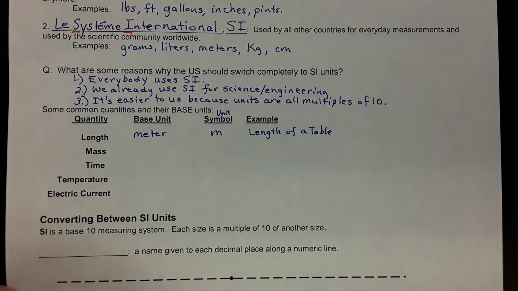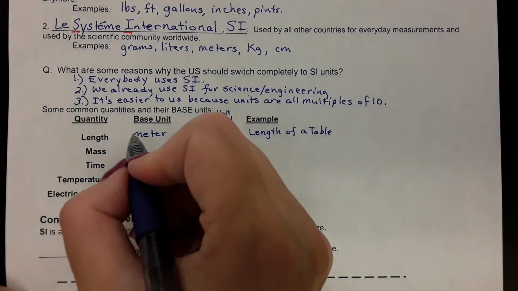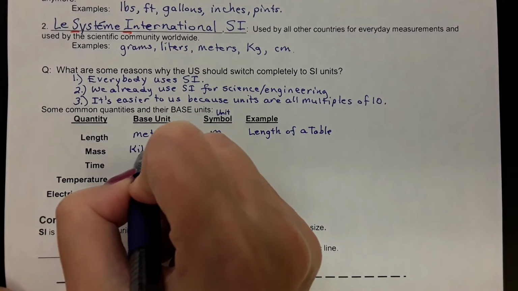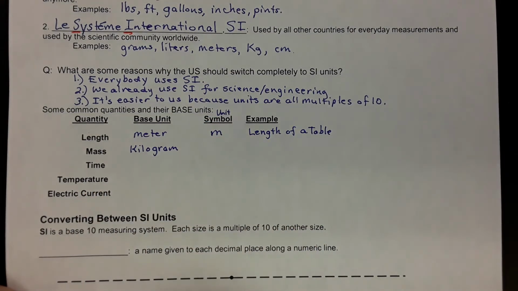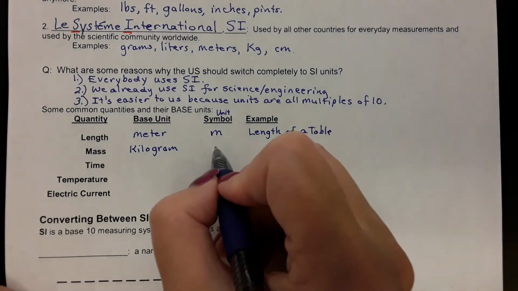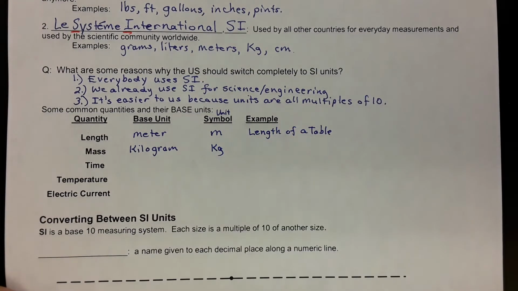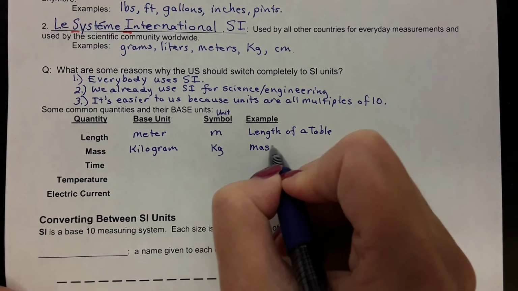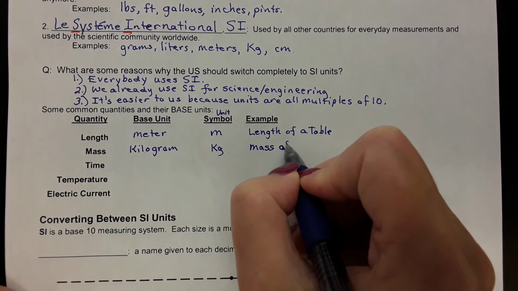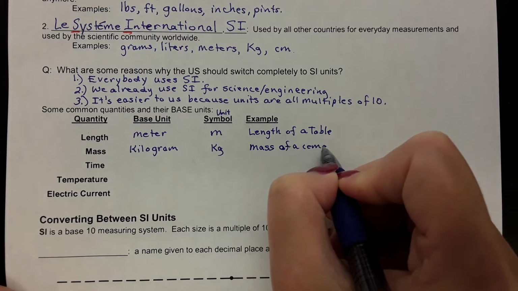Mass is measured in a base unit called the kilogram. And yes, it is the kilogram, not the gram, but we'll talk about that later. We use kg for kilogram at the end of the measurement. An example of where you could use it would be the mass of a cement block.